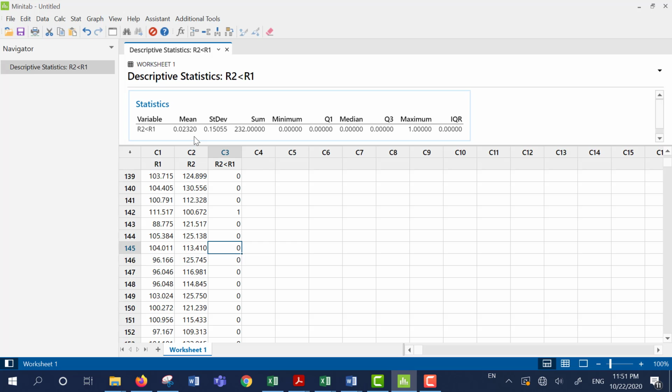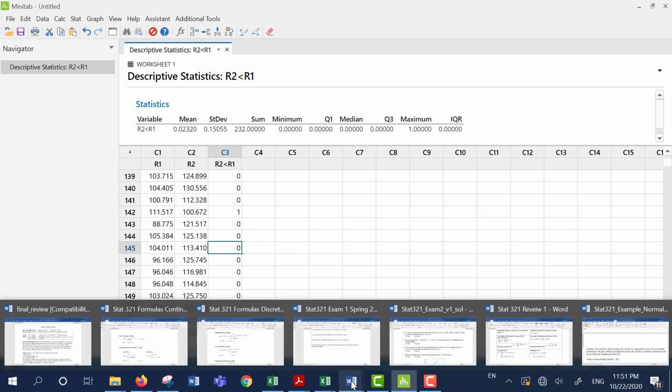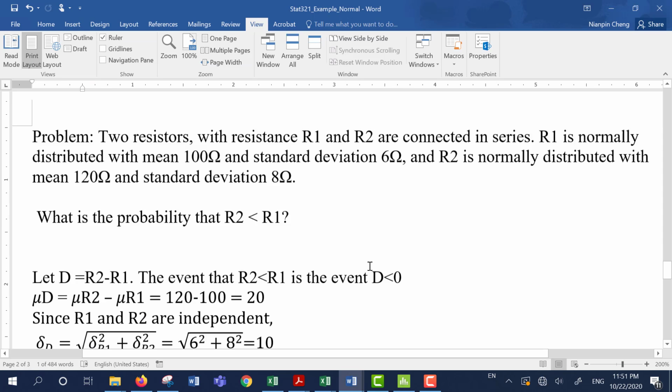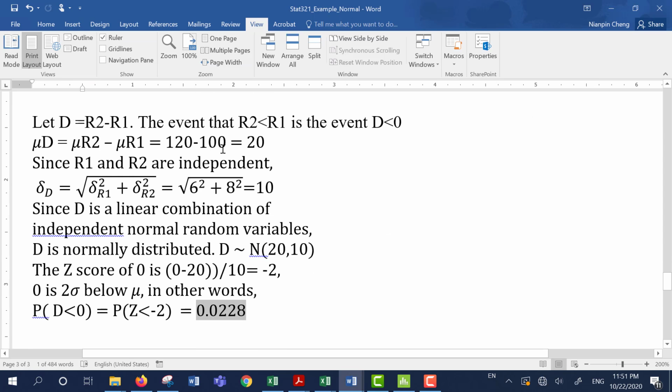So what's the true probability? We did our calculation. In the calculation, we defined the new random variable R2 minus R1, and it also follows a normal distribution.